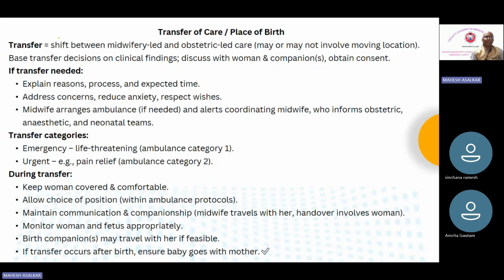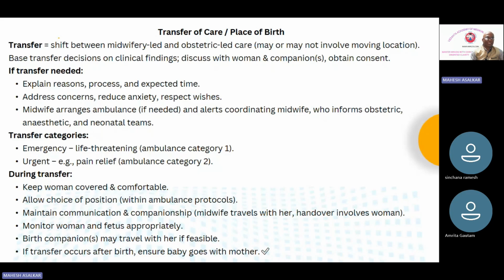Okay. Now transfer of care or to the place of birth. Transfer, shifting between midwifery-led and obstetric-led care, may or may not involve moving location, because with an alongside midwifery unit they are just next to each other. But if it is a standalone unit or a home birth, then definitely you will require a change of location. So base the transfer decision on clinical findings, discuss with women and companions, obtain consent.